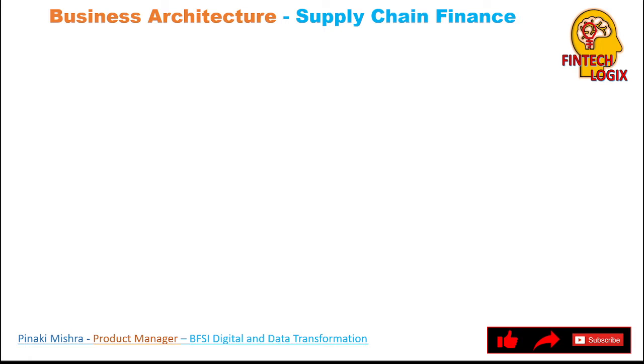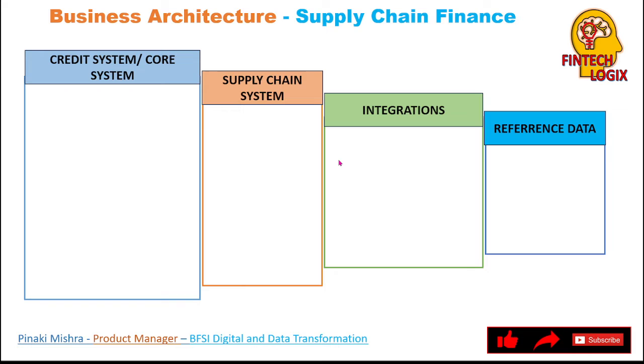Now primarily, if we look at all the supply chain finance systems, they can be divided into four specific modules. So the first one is your credit system or core system. This is the core lending module that we need for our day-to-day operations, as in originations and servicing.